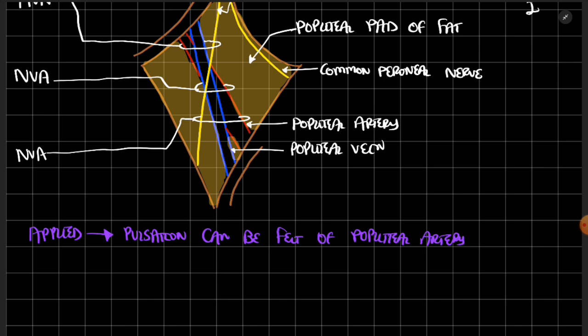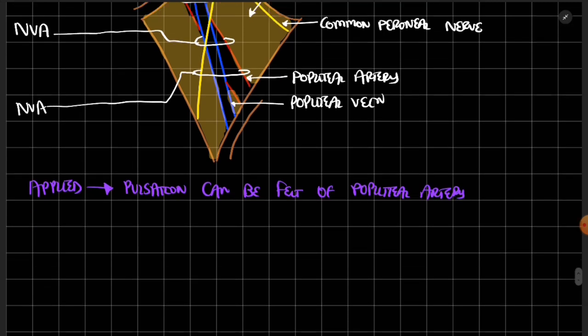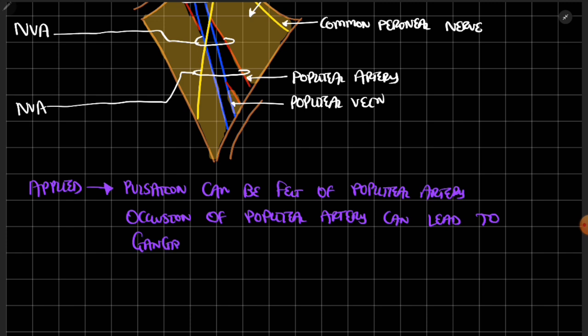So occlusion of the popliteal artery can lead to gangrene. So this was the applied part of the popliteal fossa.